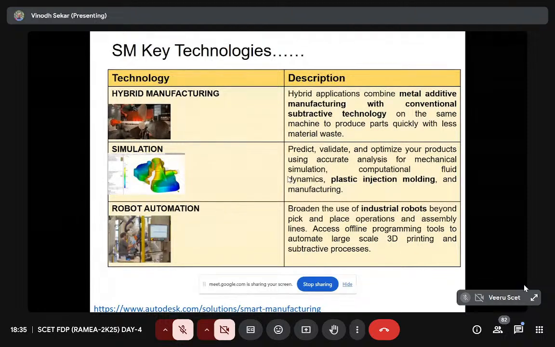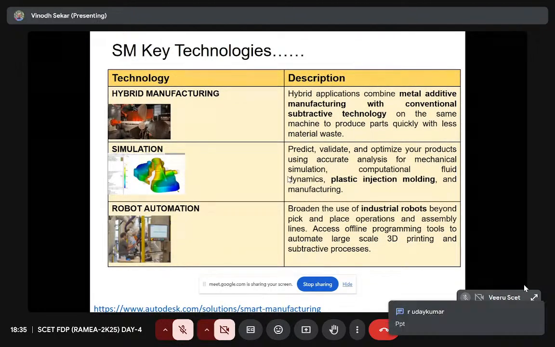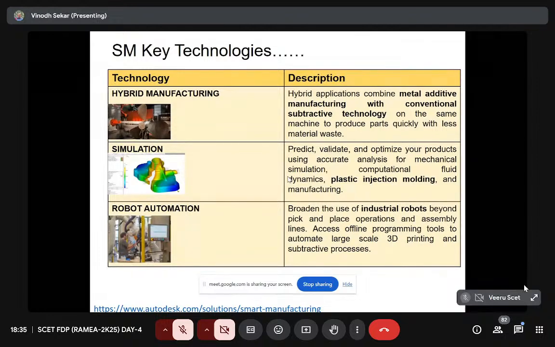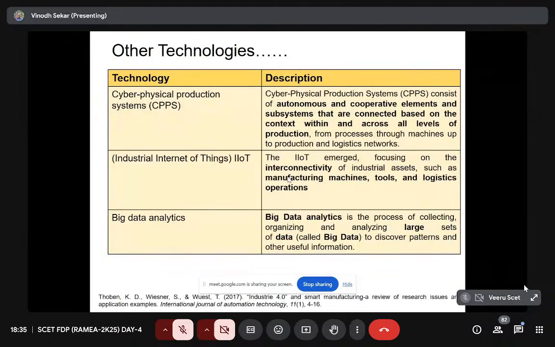And that is obvious in the context of metallic components manufacturing, wherein the parts have to be produced much faster with lesser material wastage. Of course, they need to be supported with simulation-based modules and so on.